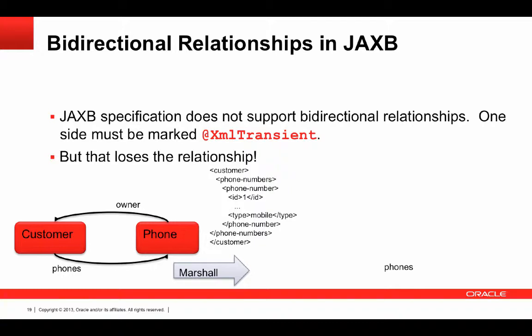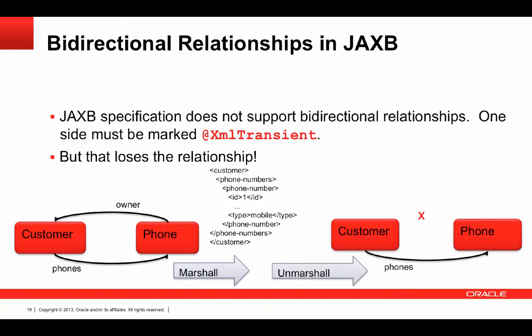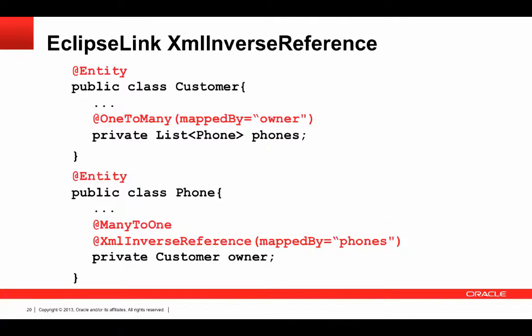The problem is when I unmarshal it back, each of the customers gets its contained phone number, but the phone number type inside has no knowledge of its contained parent. And this is just a limitation of how JAXB maps these technologies today. And I can't have this because I'm actually losing information in my object model which my application may require.